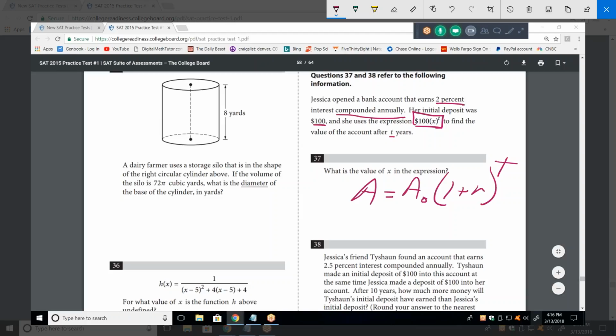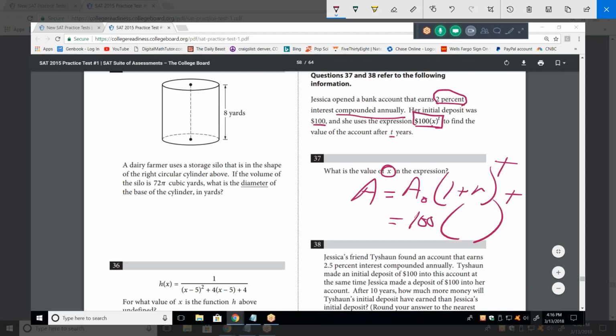So tell me what a sub 0 is. 100. Okay. What is the amount inside the parentheses equal to? It's 2%. Always remember you got to convert percents to decimals. So 0.02. Percents do not work in equations, ever. Always have to turn a percent into a decimal. So what goes inside the parentheses, which is what the question's asking about?